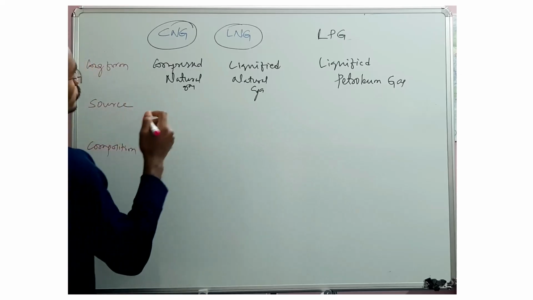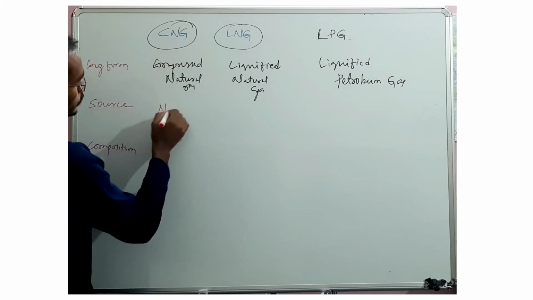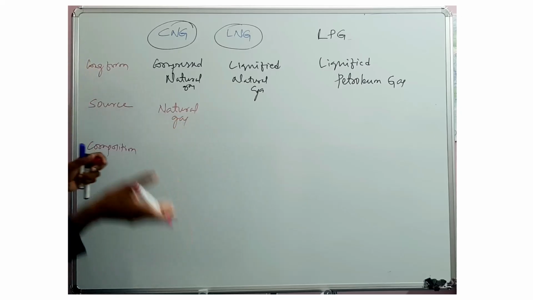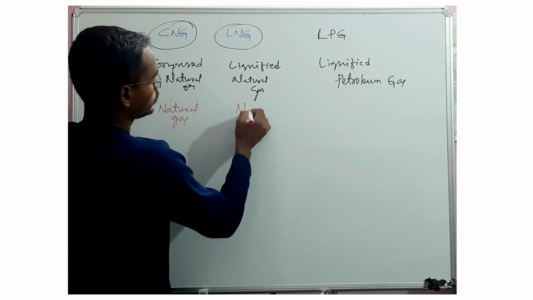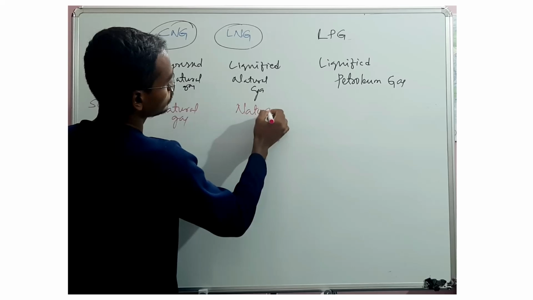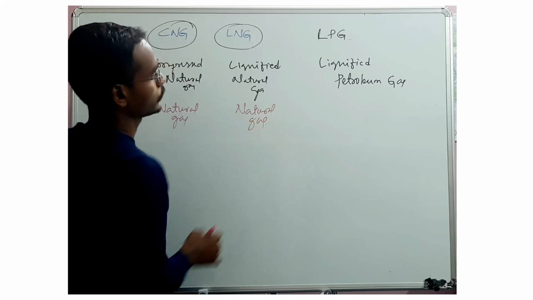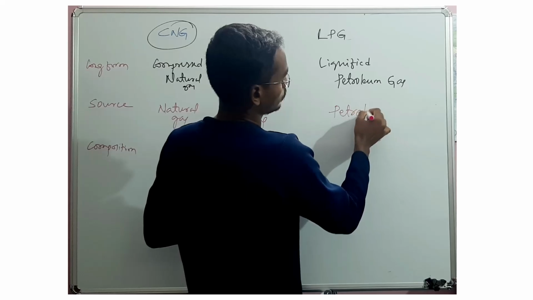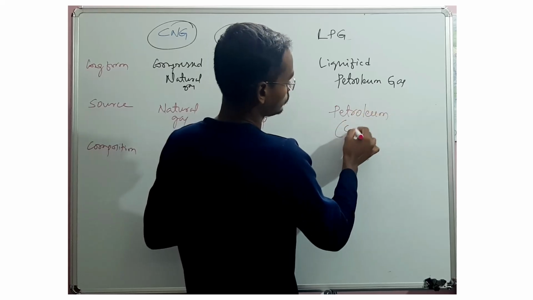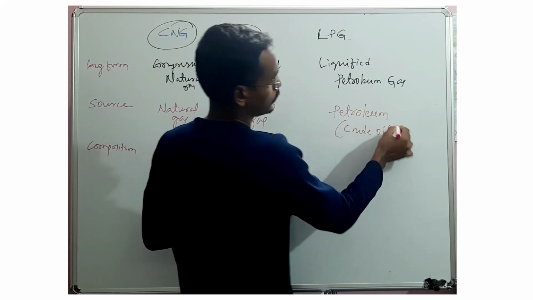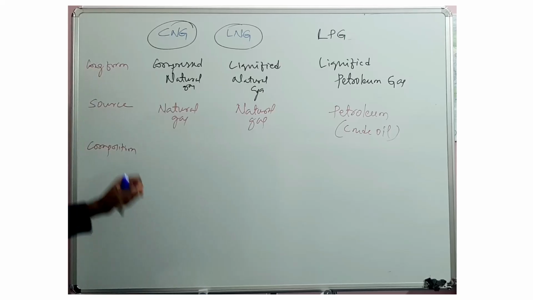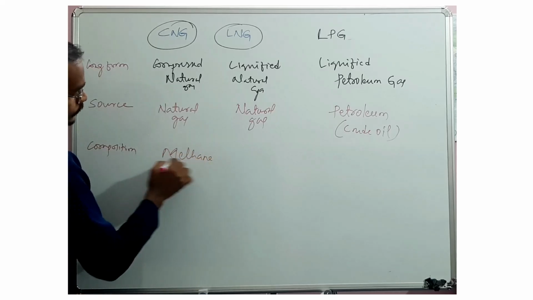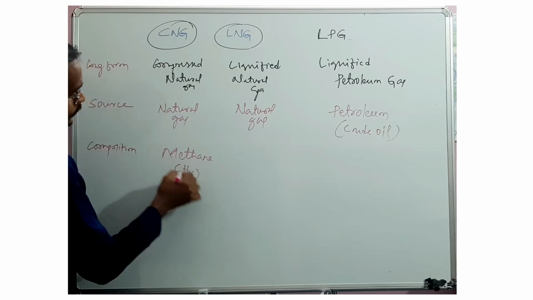The source is natural gas that we get from the earth. The source for this also is natural gas. The source for this is petroleum or crude oil. Then the composition is methane, CH4.